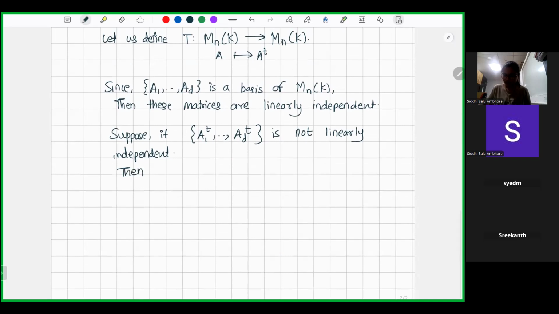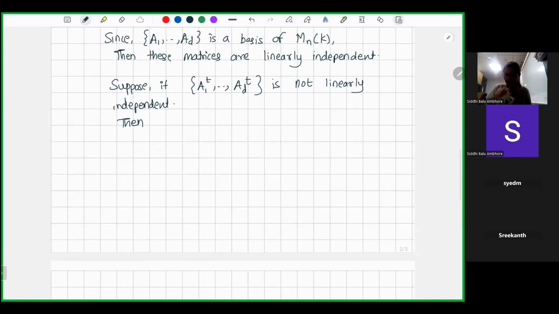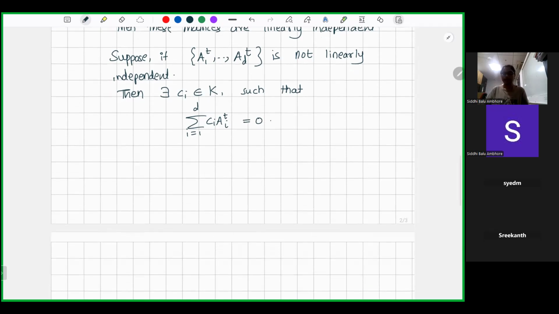Then there exist c_i in K such that the summation of c_i A_i transpose, i from 1 to D, because we have D many elements here, this will be 0.